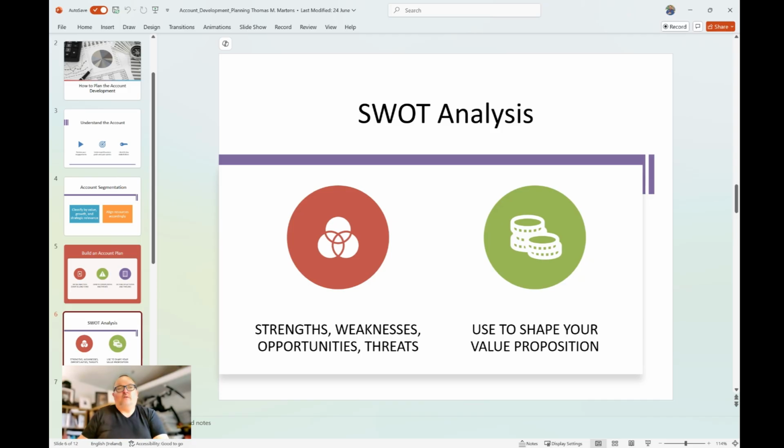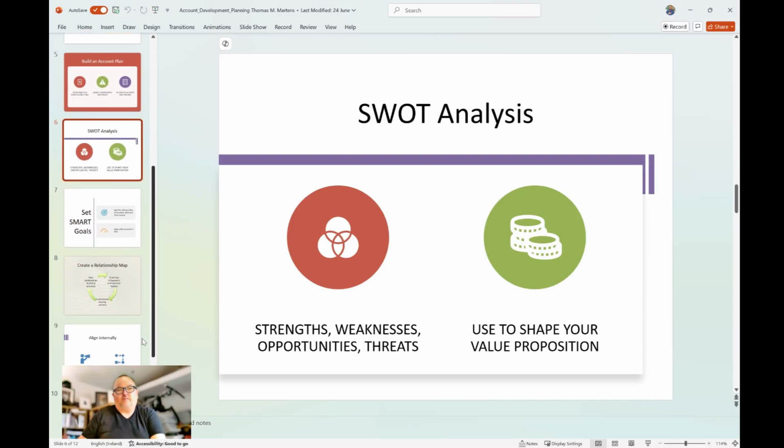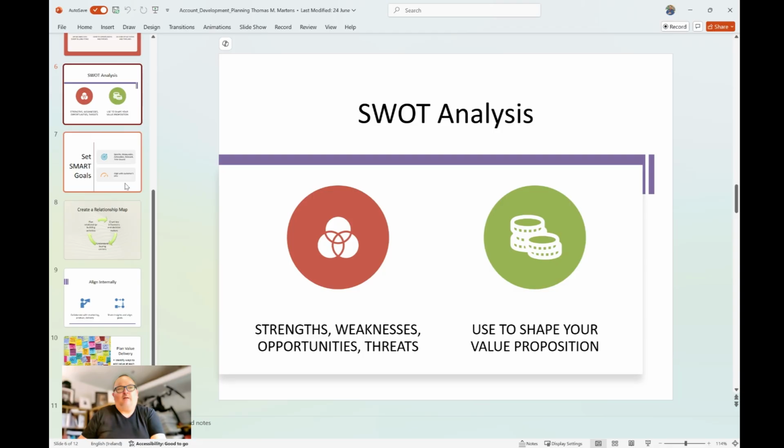Very important to move forward on a strategic basis is to make a SWOT analysis. SWOT is helpful because you will find out strengths, weaknesses, opportunities, and threats. It's good to write it down because then you can see with your own eyes what you have to do to win those deals.